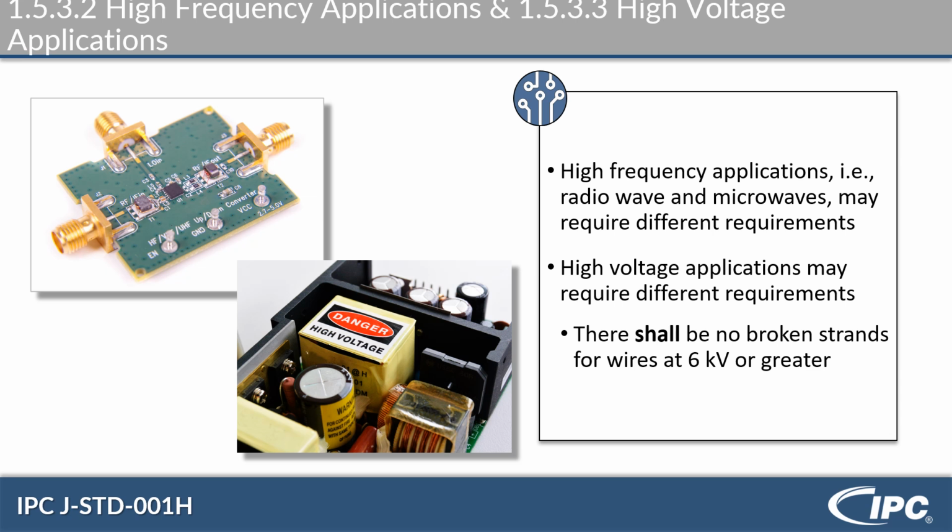There are different rules that apply to high frequencies and high voltages that are beyond the scope of this class. However, there shall be no broken strands for wires at 6,000 volts or greater. So K means 1,000. So 6K volts or greater, 6,000 volts or greater, there shall be no broken strands in your wire.